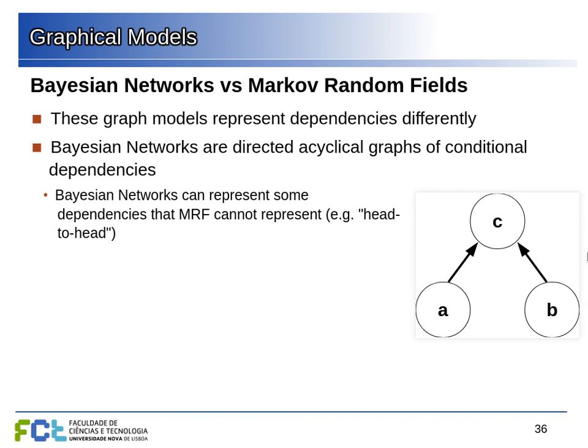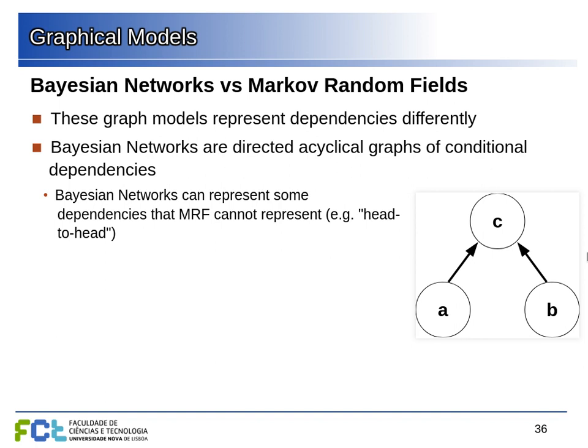Now, the big difference between Bayesian networks and Markov random fields, although we are representing dependency between variables, is that Bayesian networks are directed and specify which variable is conditioned on which variable.